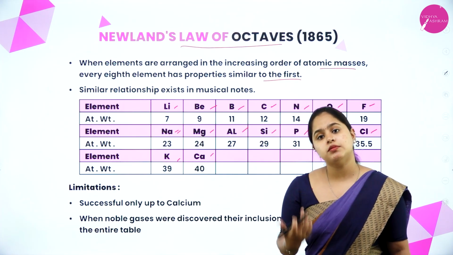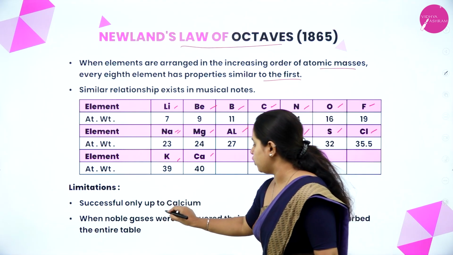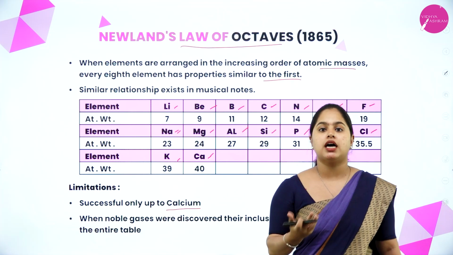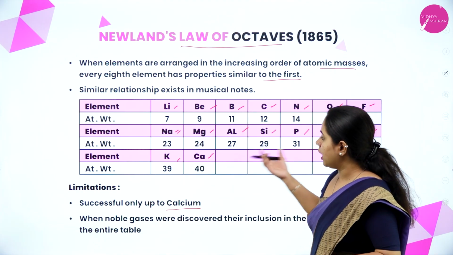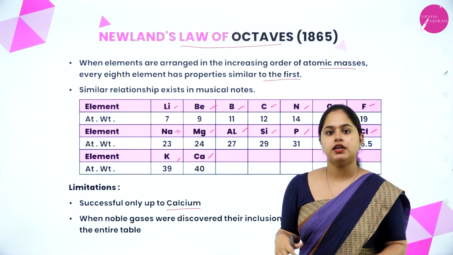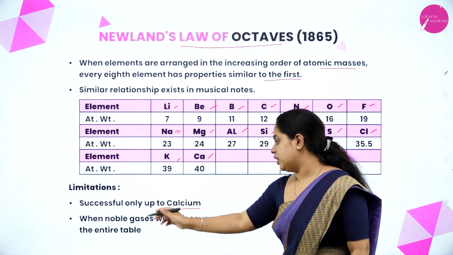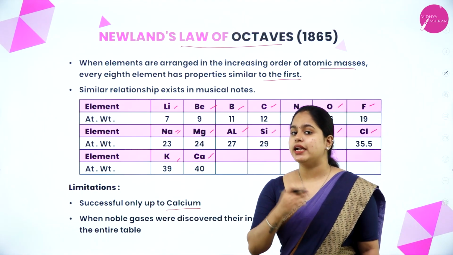So what was the limitation of Newlands' law of octaves? It was successful only up to calcium. Only up to calcium could this classification be done. After calcium, the elements that were discovered could not be included in this table. Then when noble gases were discovered, their inclusion disturbed the entire table.